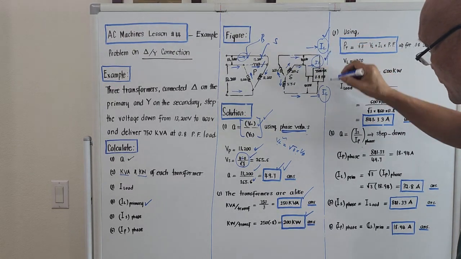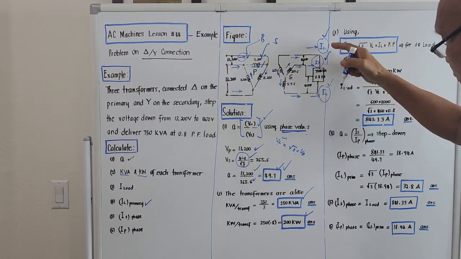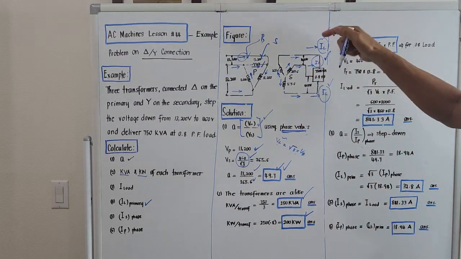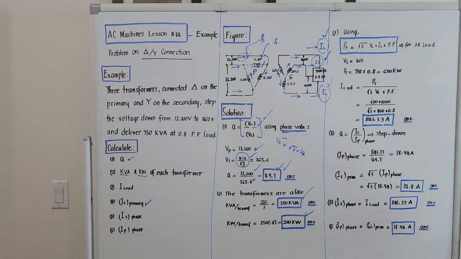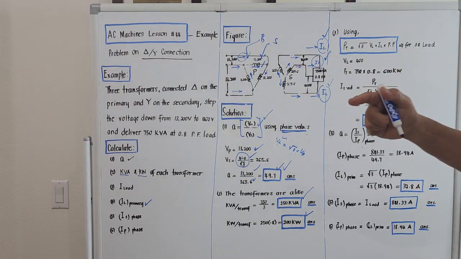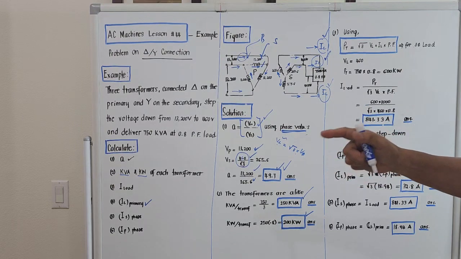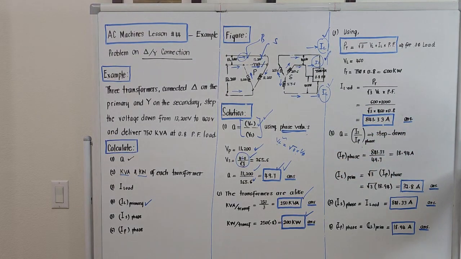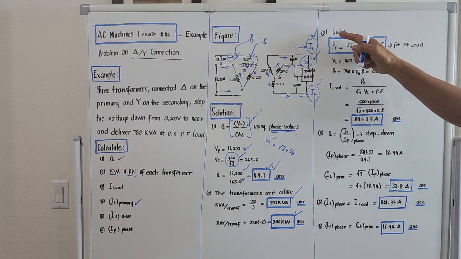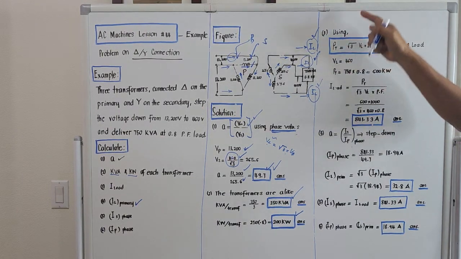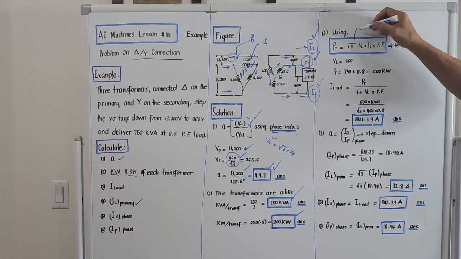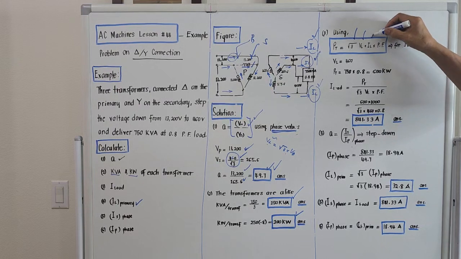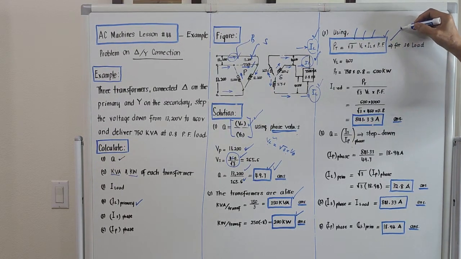So if we compute for the value of I sub L, we'll just compute one and they are alike per each winding. So using the formula we derived by using the two-wattmeter method the last time around, that is capital letter P with the subscript T equal to square root of 3 times B sub L, I sub L times power factor. This is in watts already, right?